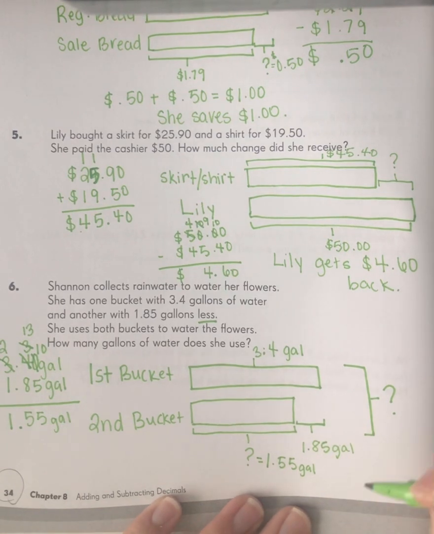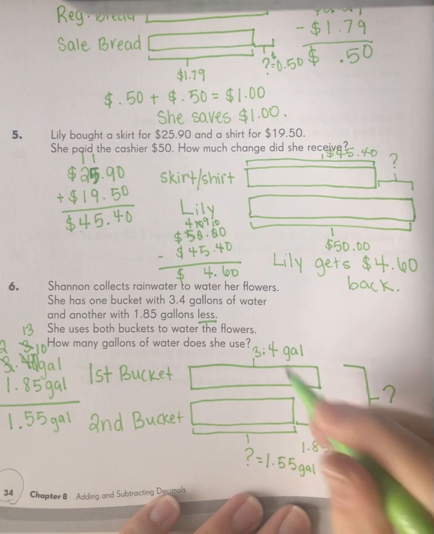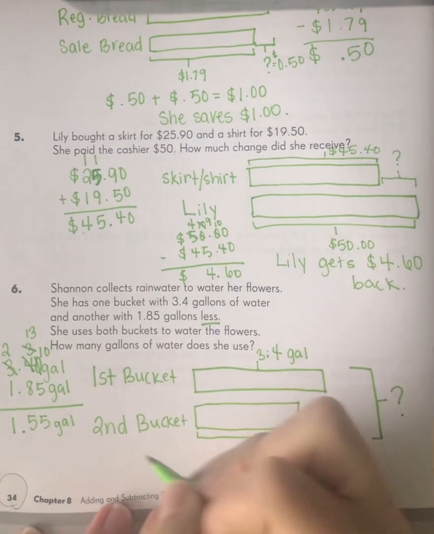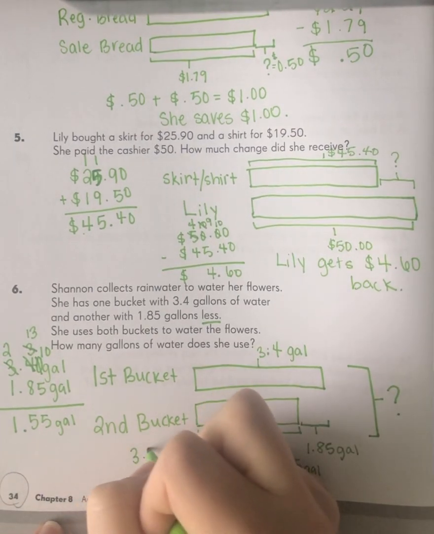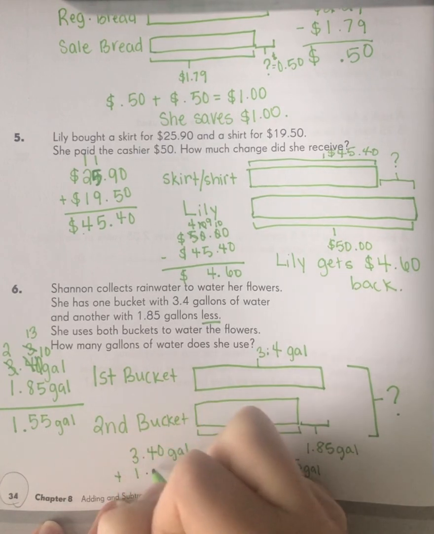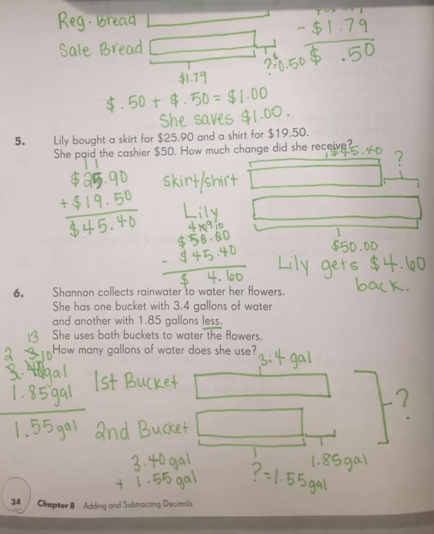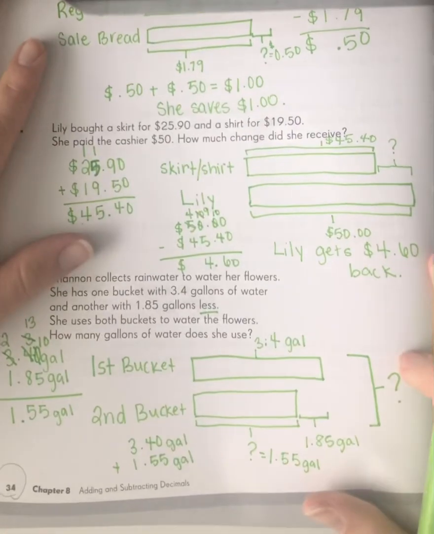Now I can find out how much she used total by adding 1.55 gallons to 3.4. So 3.40 gallons plus 1.55 gallons. I hope you can see this.